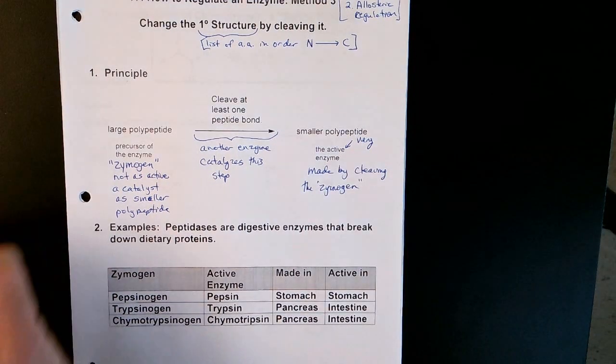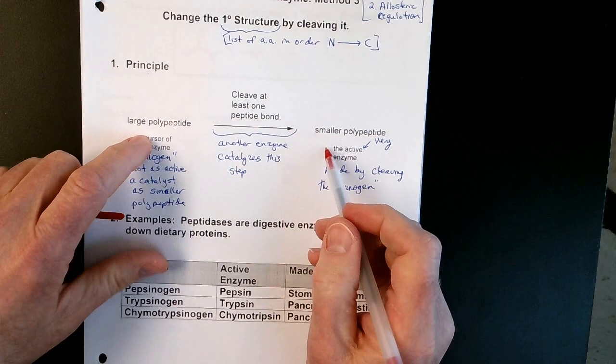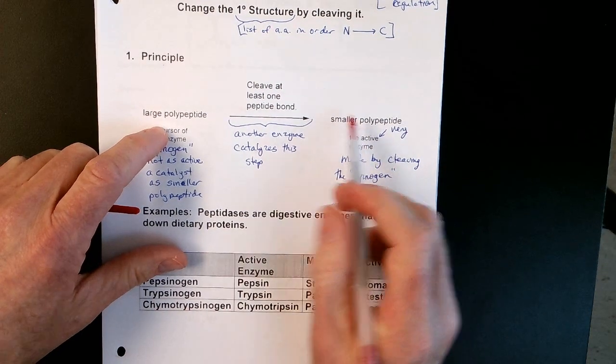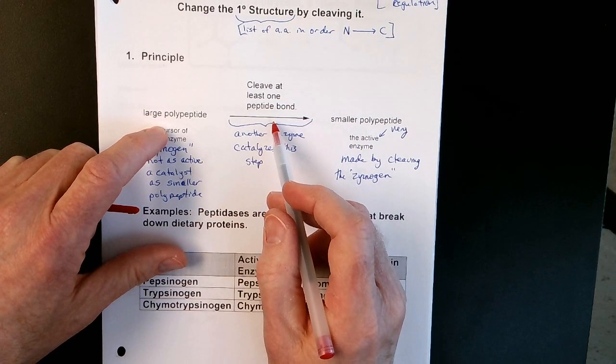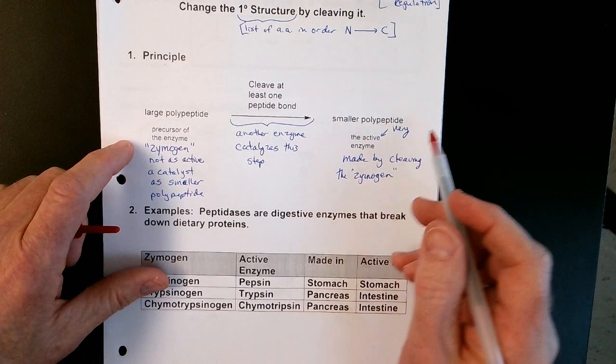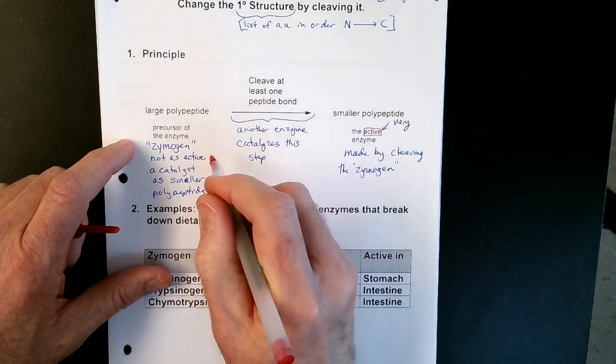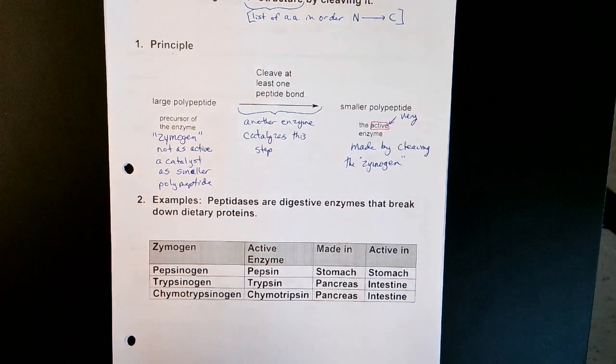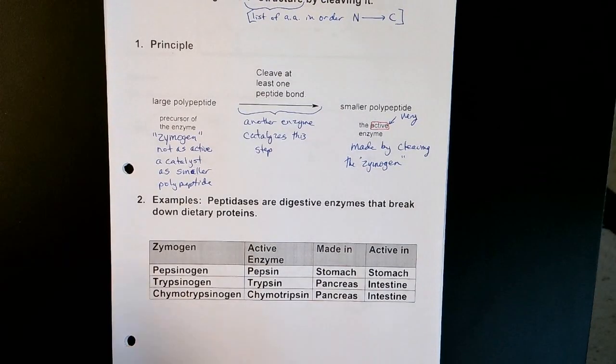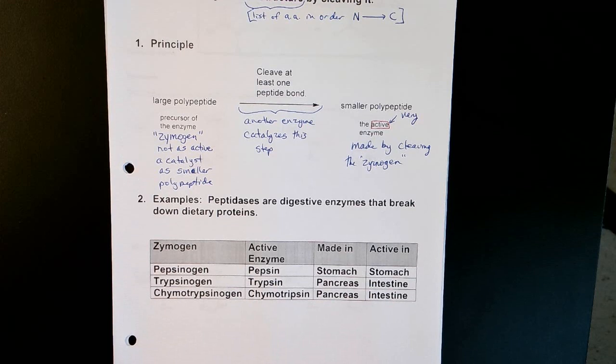Okay, start out big, go to little, thanks to, in the middle, yet another protein involved. And this is a way of making an enzyme. Again, this one's active, and the other one is relatively inactive. It may not be totally inactive.